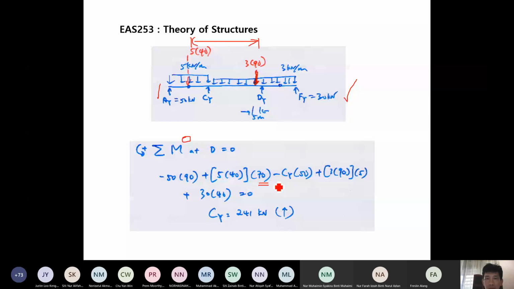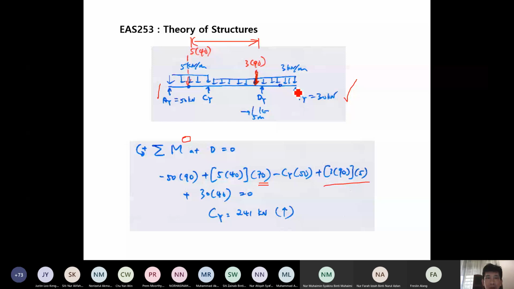Then the third one, the last one here, this is not the last one. The third, the 1, 2, 3, 4. The fourth one here is coming from this UDL, which is acting from C all the way until F. And this is UDL, so it's acting at the center of this distance. This distance is, this is 50, this is 40, this whole thing is 90 meter.